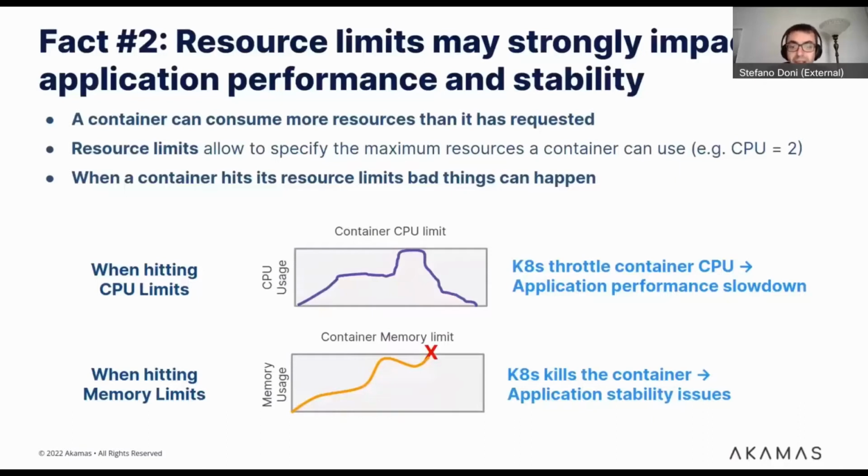But Kubernetes' policy is more strict here. As soon as the amount of memory being used hits the limit, the application will be killed. So again, this can have significant stability issues for the application itself.